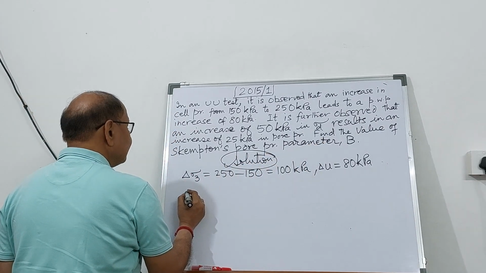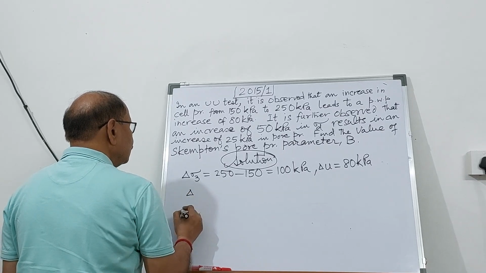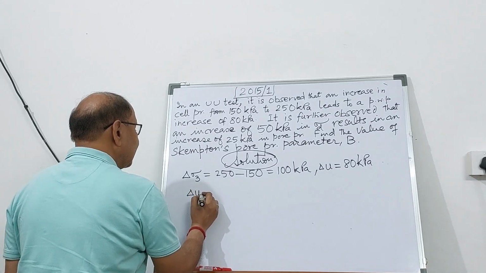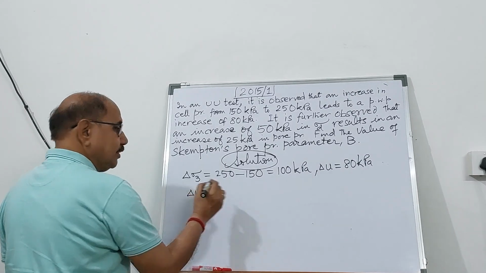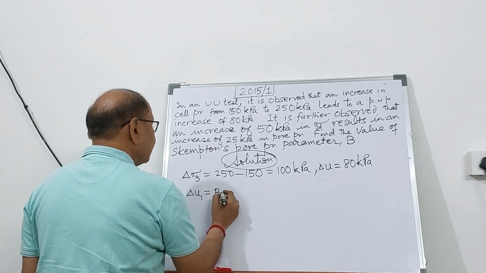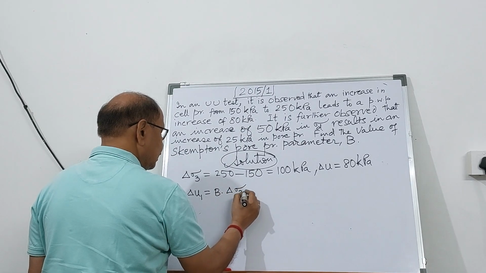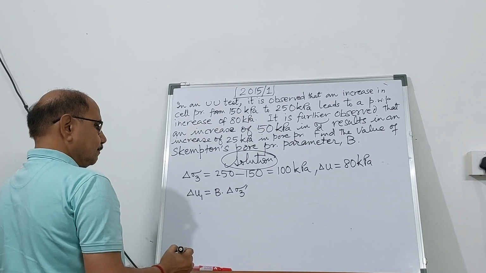So what is Skempton's parameter B? You know delta U1, I have already explained during theory, is going to be B into delta sigma 3.